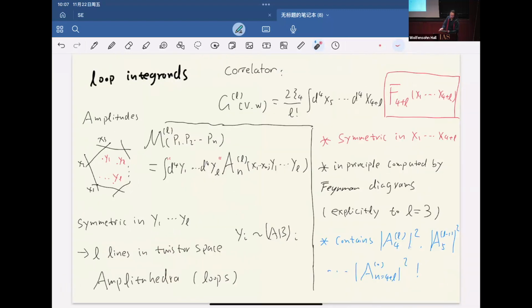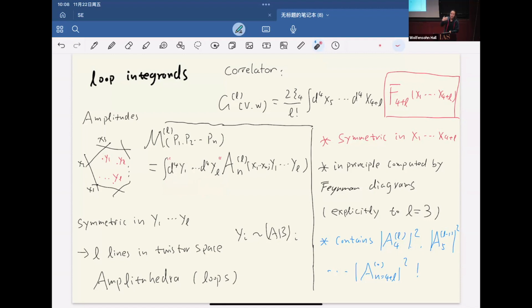Okay, so actually, what we mostly care about in this talk is loop integrands, as we are very familiar with from amplitudes. What is the loop integrand for the amplitudes? The L loop amplitude is given by some rational function integrated over the loop variables y1 all the way through yL. So this object is also symmetric in the loop variables. Of course, for the external variables it's cyclic, but for the loop variables, it's permutation symmetric.